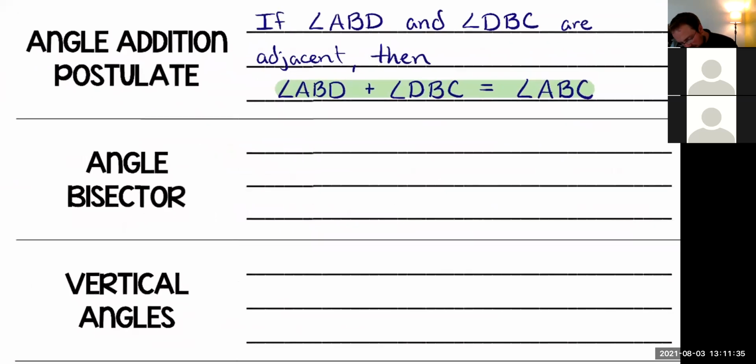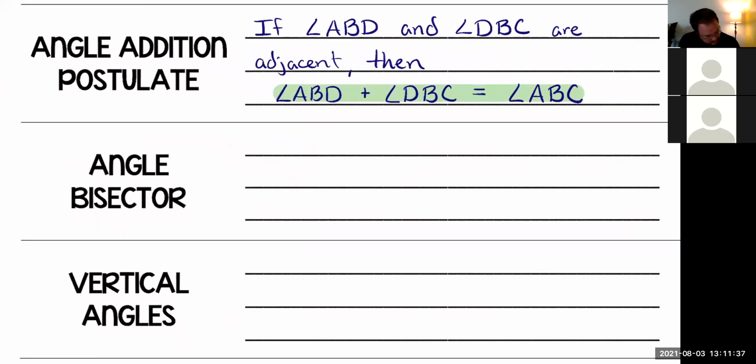Next one on our list, angle bisector. So an angle bisector is when you have a line or ray that divides an angle into two equal parts.